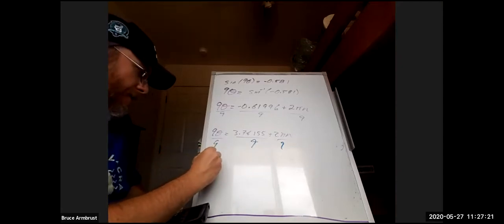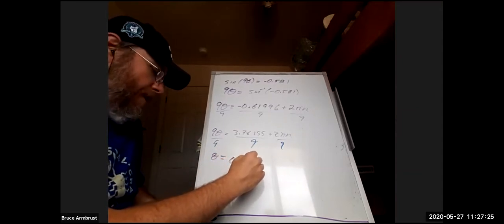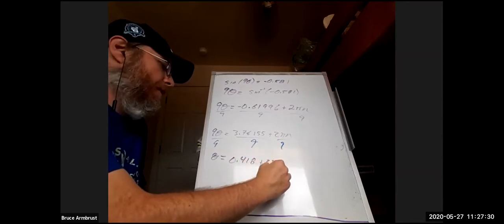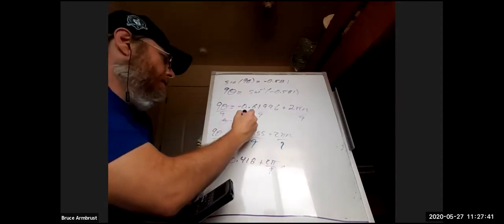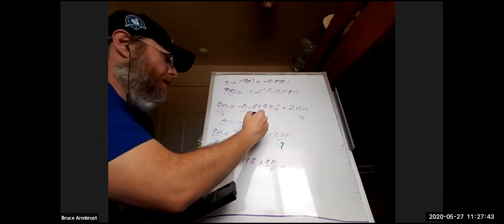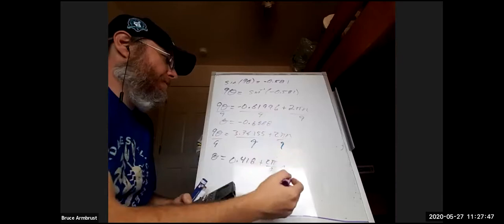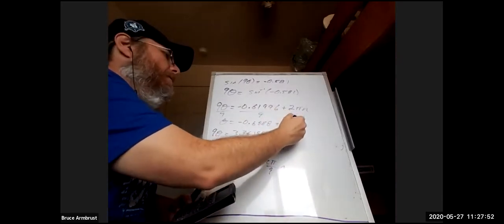I've got theta equals 0.418 plus 2 pi over 9 n. And then the other one, we get negative 0.6888 plus 2 pi n over 9.